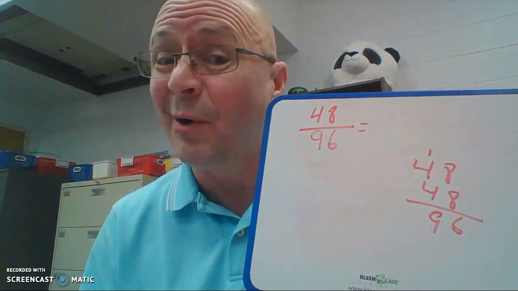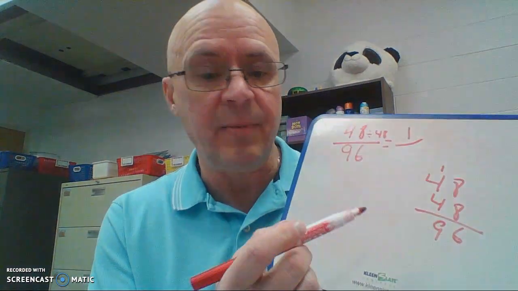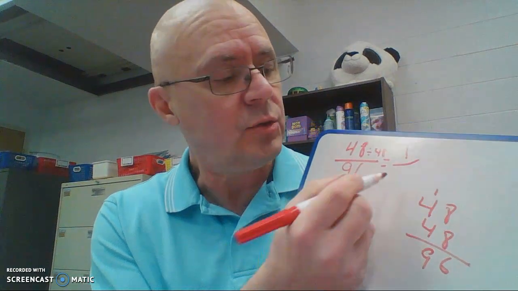So I could divide both numbers by 48. 48 divided by 48 is 1, and 96 divided by 48 is 2. 1/2. It's the same answer. There's a million different ways to get there.